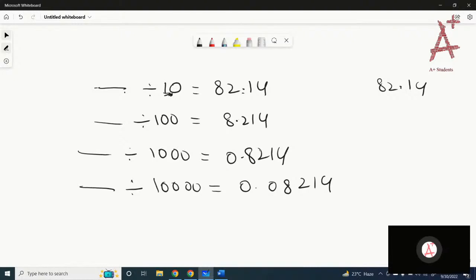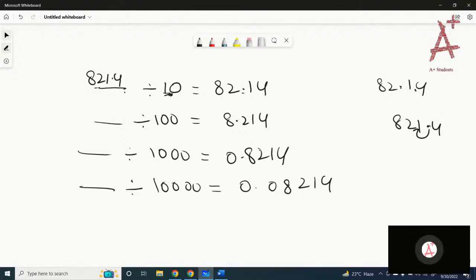So that means the original number is 821.4, because when you divide this number by 10 the decimal point moves one place left. Got it?